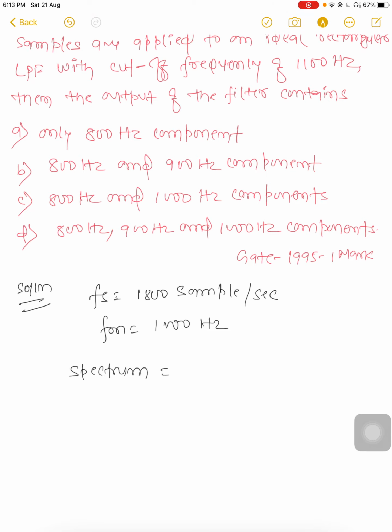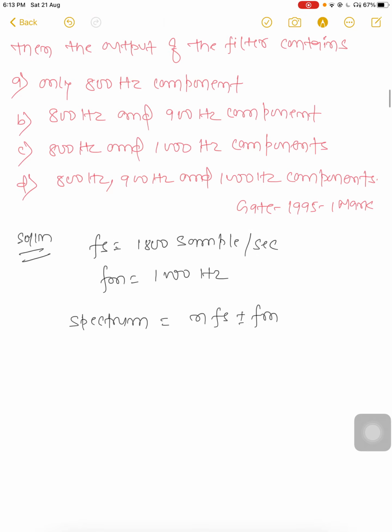Now the expected spectrum is n fs plus minus fm. When you take n equal to 0, it will be 1000 plus minus 1000, meaning 1000. Then we take n equal to 1, it will be 1800 plus minus 1000, so 800 and 2800.